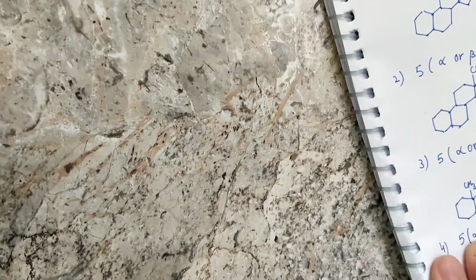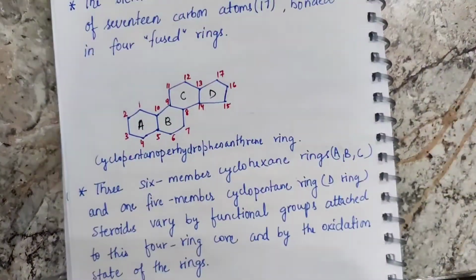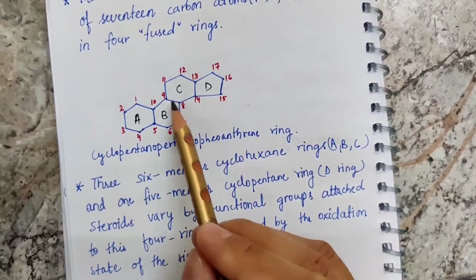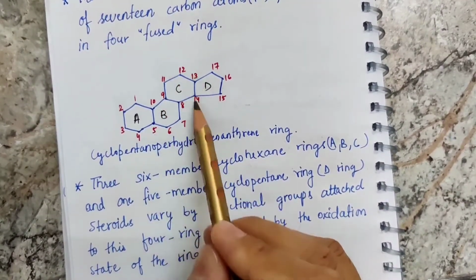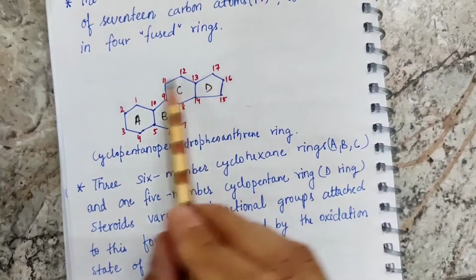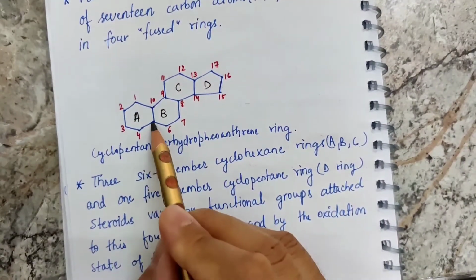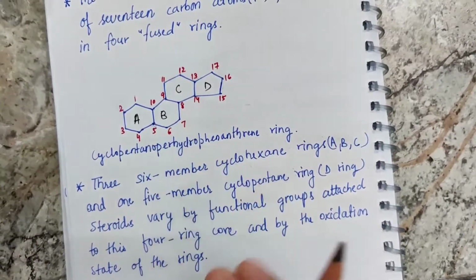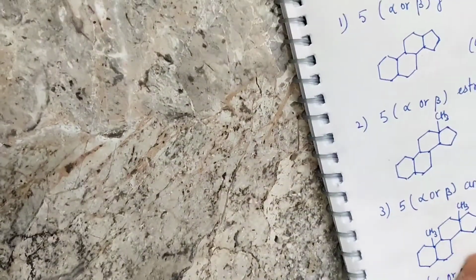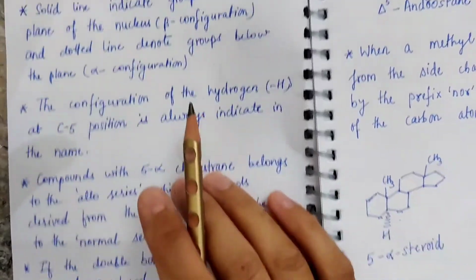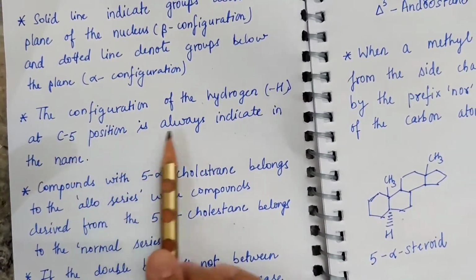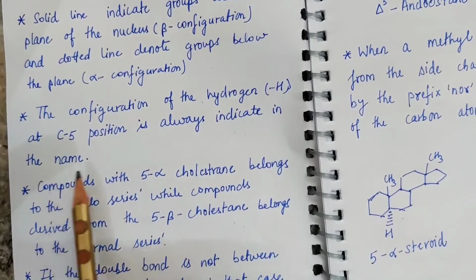When we had our parent compound, we had the numbering. Numbering was like this: 1, 2, 3, 4, 5, 6, 7, 8, 9, 10, 11, 12, 13, 14, 15, 16, 17. So on the 5th carbon, whatever the substitution is will define whether your structure is alpha or beta. So the configuration of hydrogen at the C5 position always indicates the name.